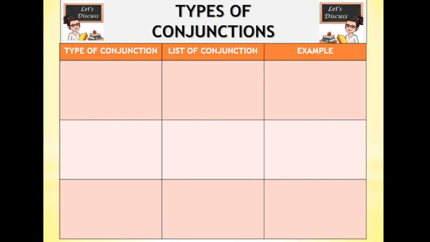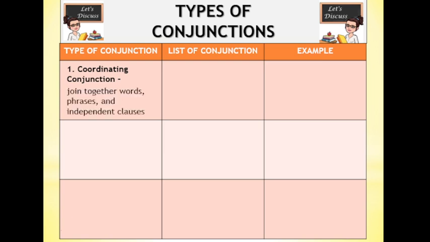We have actually three different types of conjunctions. The first one is the coordinating conjunction. Coordinating conjunctions join together words and phrases and independent clauses. There's an acronym so that you can remember what coordinating conjunctions are, and this is the FANBOYS. FANBOYS stands for F, for, which explains reason or purpose. A, and, adds one thing to another.